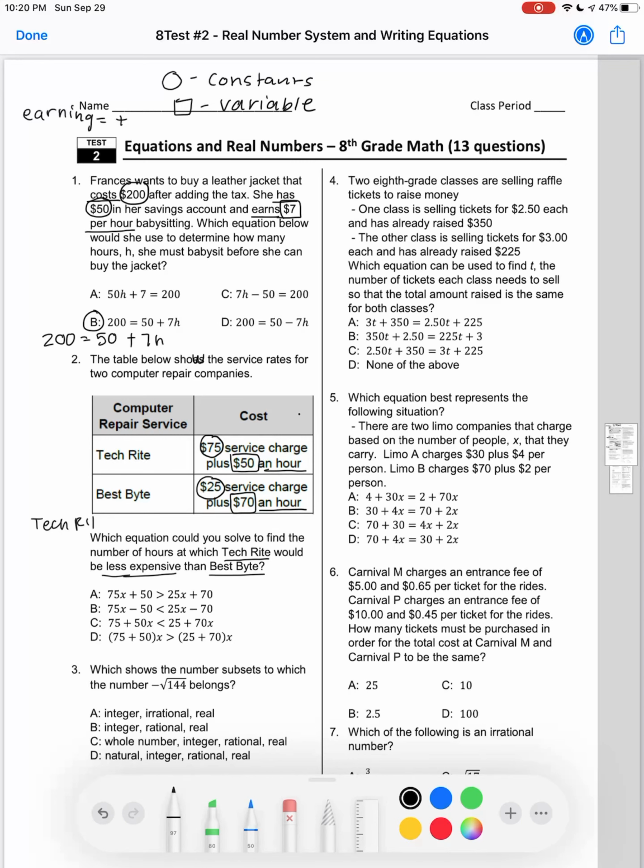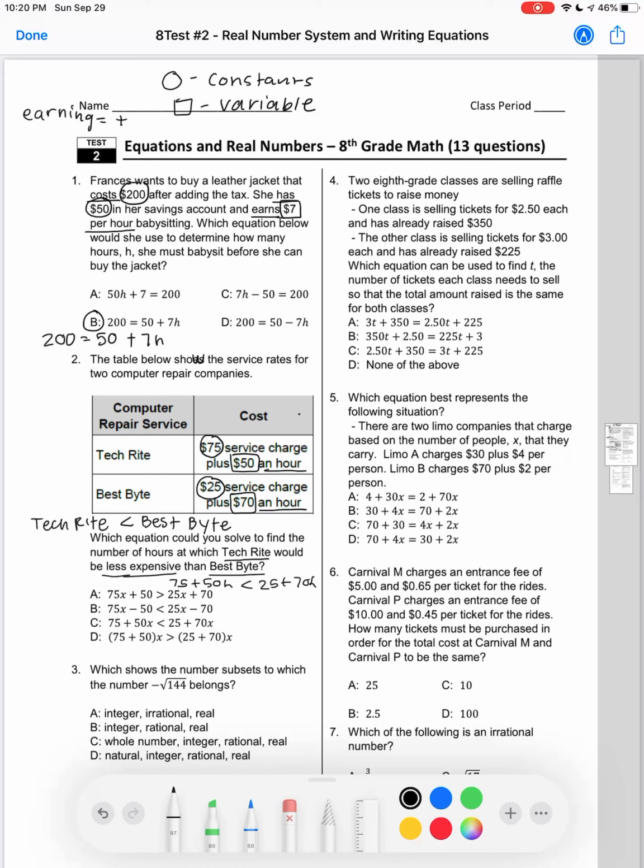So we have TechRite has to be less than Best Bite. So if we look at our two equations, TechRite would be 75 as our constant plus $50 as our hour, as our variable, and it has to be less than 25 plus 70 per hour.